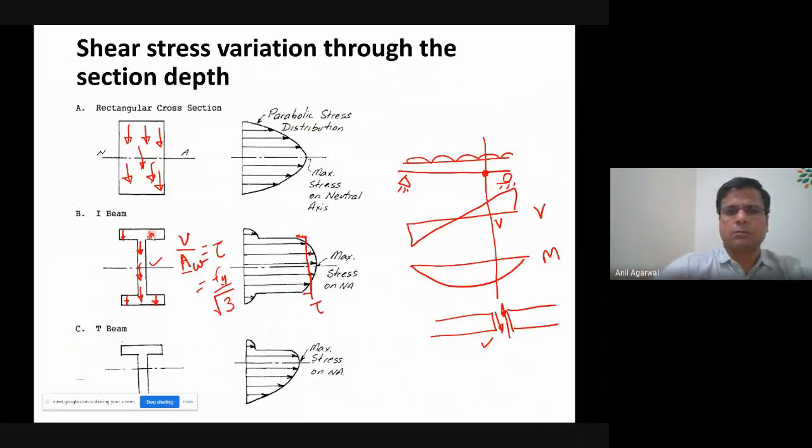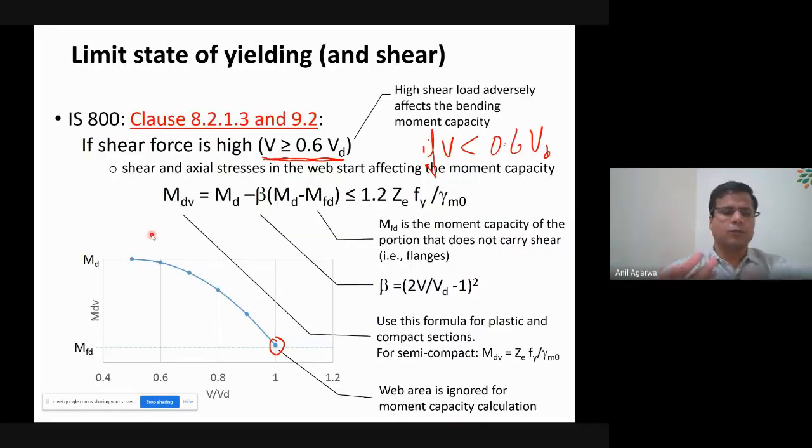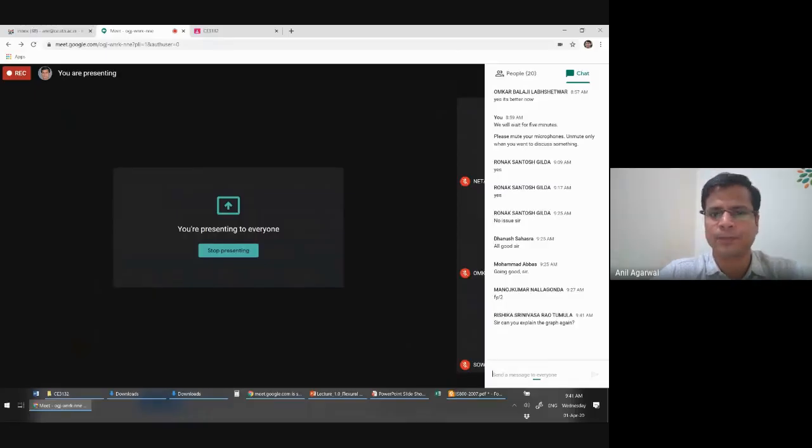So this is the basic design philosophy that we follow. I'll just summarize again. When you are designing for the moment capacity, first you need to check what the shear demand is. If the shear demand is less than 60% of the shear capacity, then the moment capacity is not affected by the presence of the shear force, and you can design it for the full moment capacity, whatever we have done before.